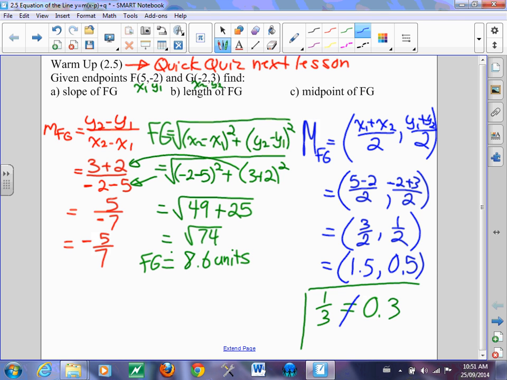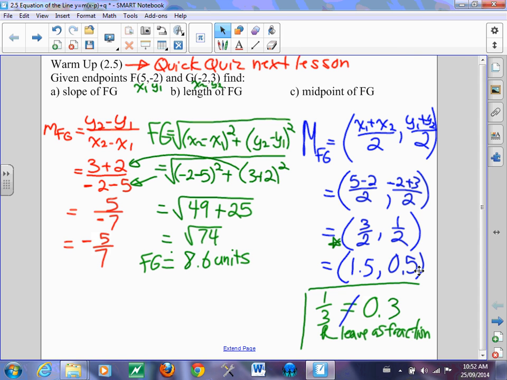Because it's a repeating decimal, it doesn't terminate. So if it doesn't terminate, leave as a fraction. And I'm okay if you leave all your answers as a fraction. I don't mind if you leave it like that. The only reason I say sometimes decimals are good is if you actually have to graph it.